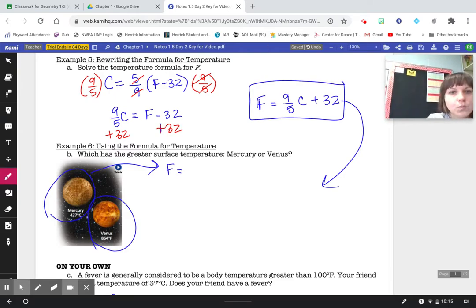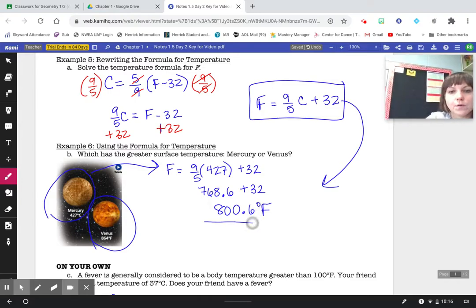So Fahrenheit equals 9/5 times Mercury is 427 degrees Celsius plus the 32. So when I multiply 9/5 times 427, I get 768 and 6/10. We're going to add that 32 in there and get a final temperature of 800 and 6/10 degrees Fahrenheit.